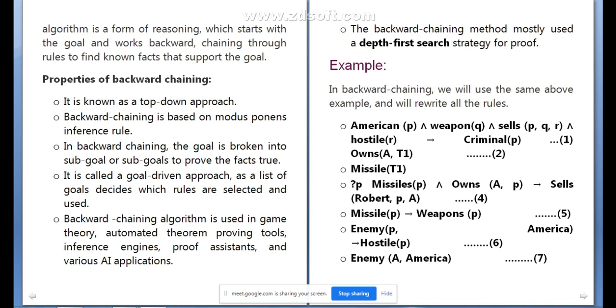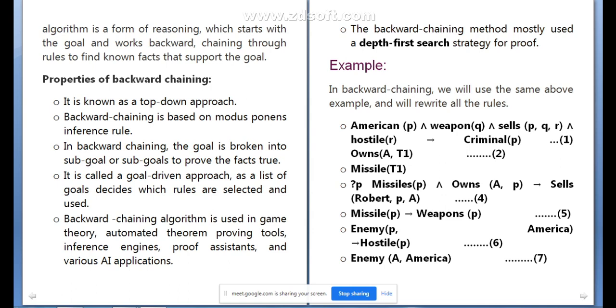Some of the properties of backward chaining: it is known as a top down approach, which means we start from the goal and from the goal we try to infer the different rules by using the different logics.